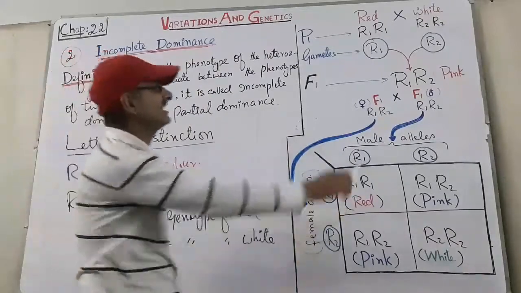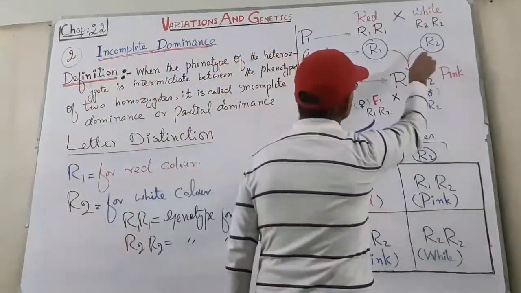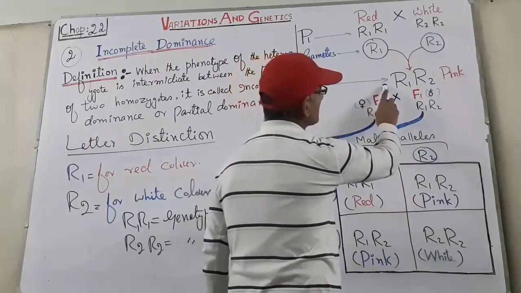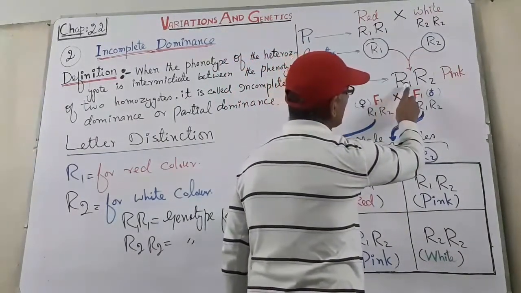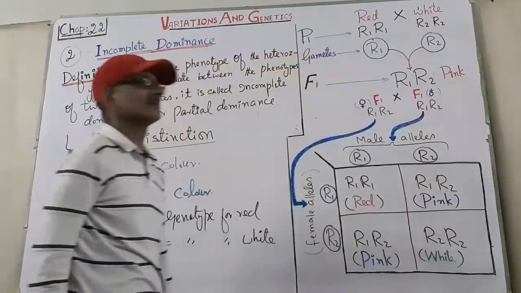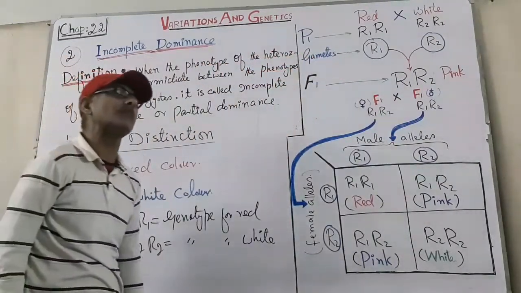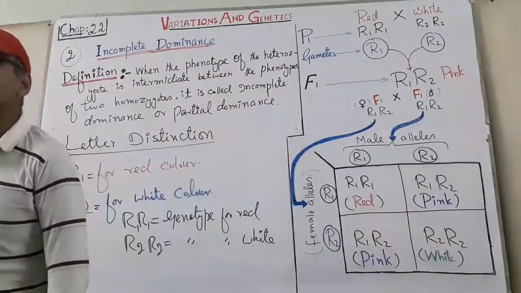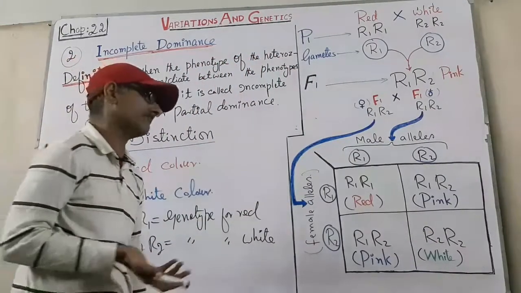And so when these gametes unite together, we get the F1 offspring, which is R1 R2, and phenotypically it is pink. There is blending in case of phenotype.